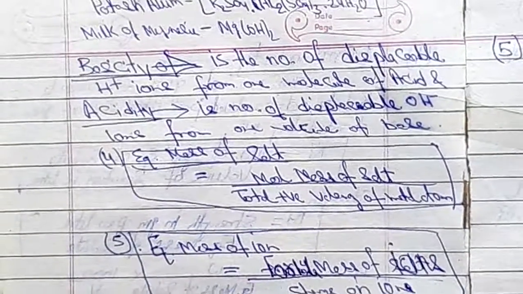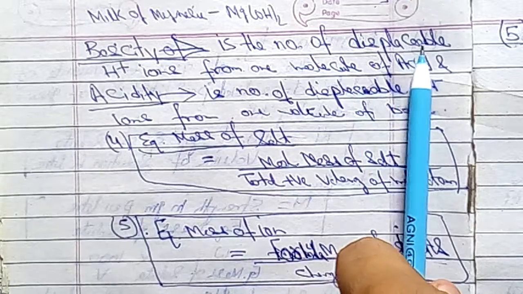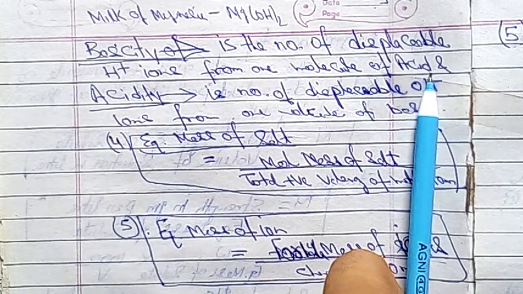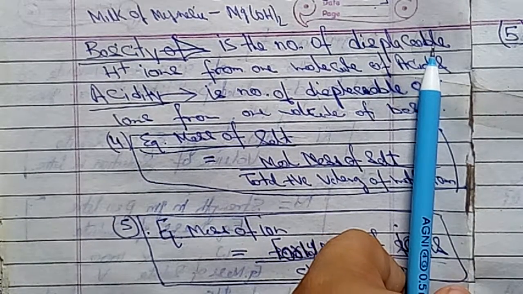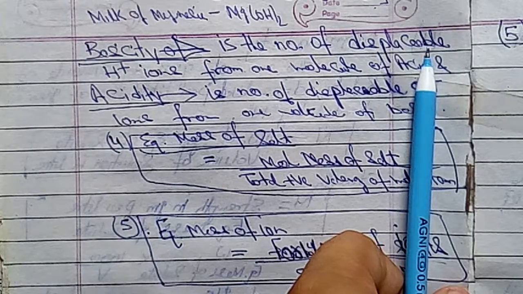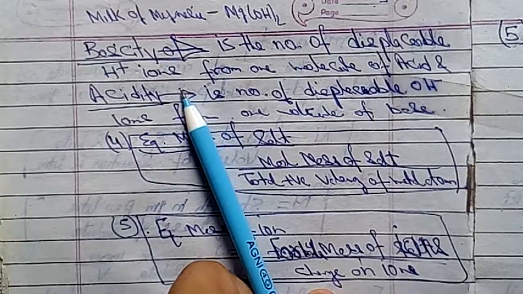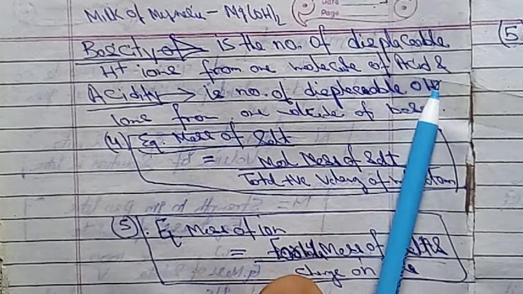So here we have the definitions of both basicity and acidity. Basicity is the number of displaceable H+ ions from one molecule of acid. Displaceable means which changes into ions when put into a solution of water. So it is the number of H+ ions present in one molecule of acid.